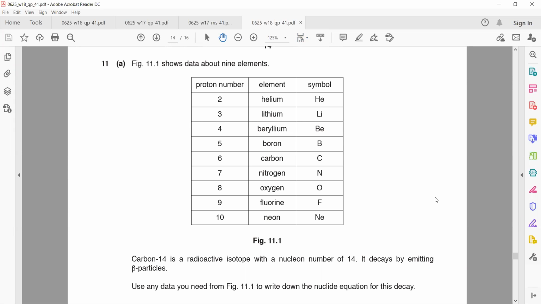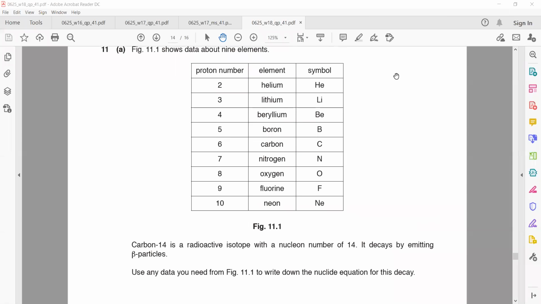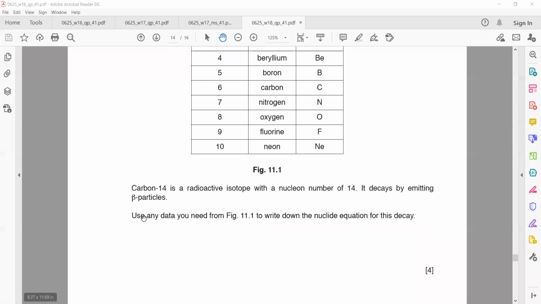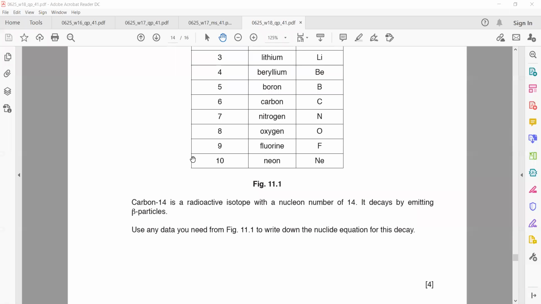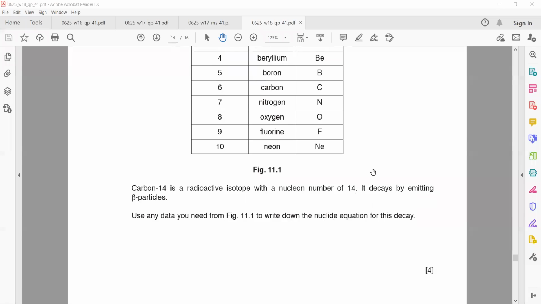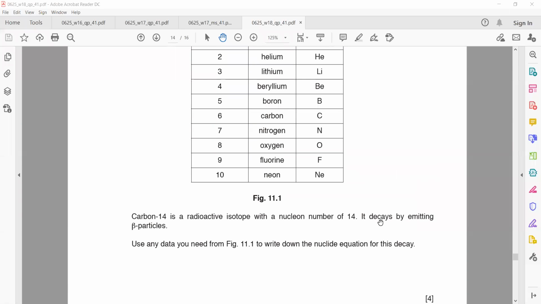Figure 11.1 shows the data about the 9 elements from helium till neon. Carbon-14 is a radioactive isotope with a nucleon number of 14 and decays by beta. Use any data you need from figure 11.1 to write down the nuclide notation for this decay.